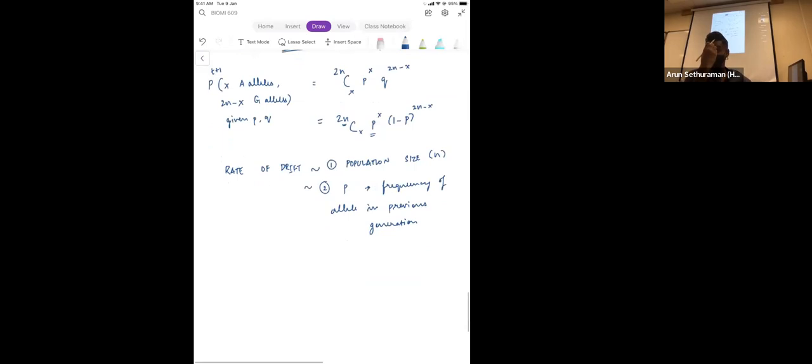Okay. And let's understand this process. Let's do an example. Let's say that N happens to be equal to 100. And let's say P, which is the frequency of the A allele in the previous generation, is 0.5, which means Q is also 0.5.